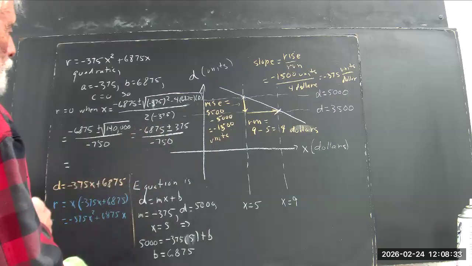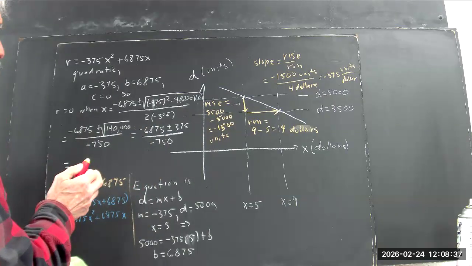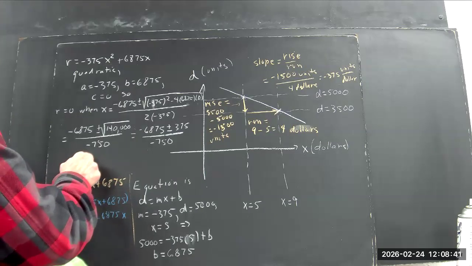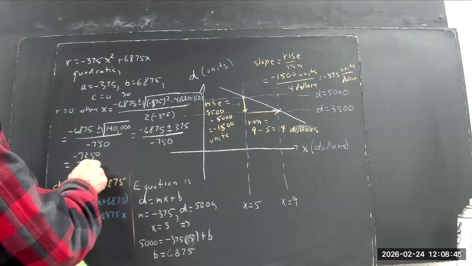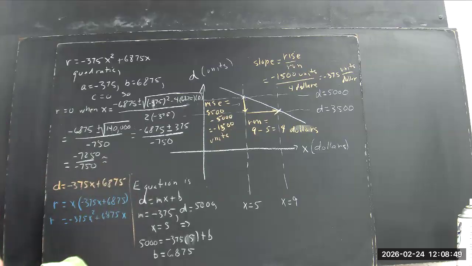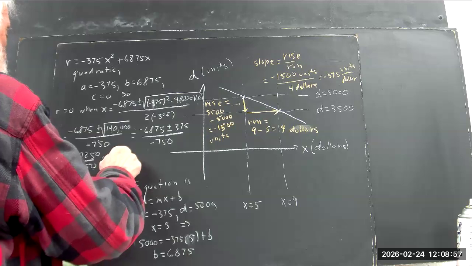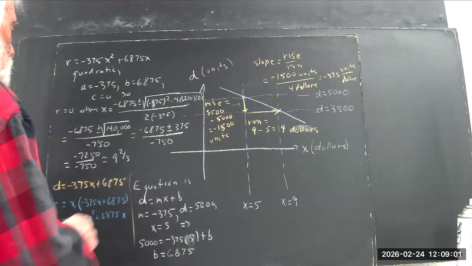If I add this to this, I get 7,250. And this is then equal to 9 2/3.